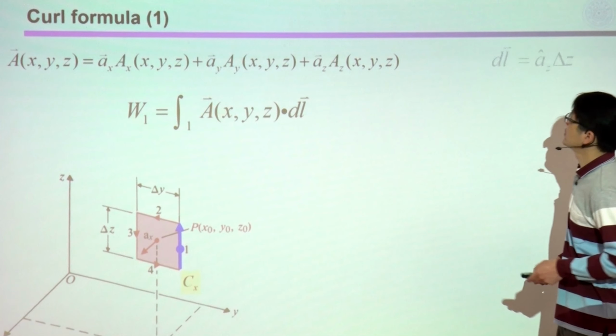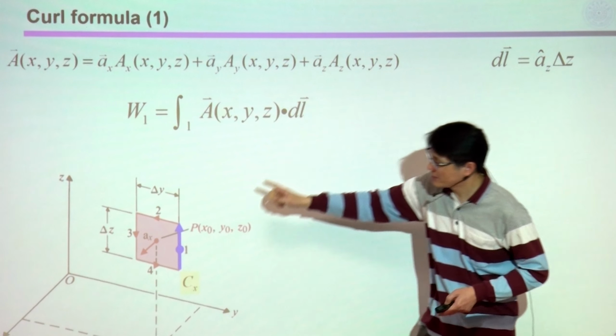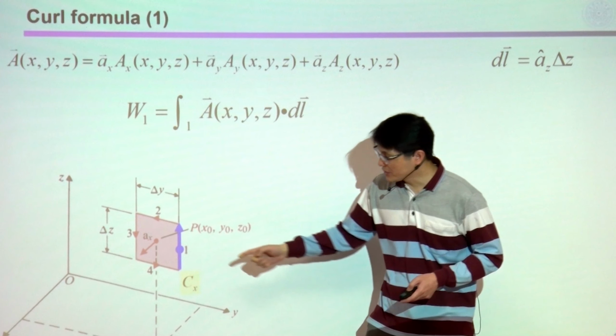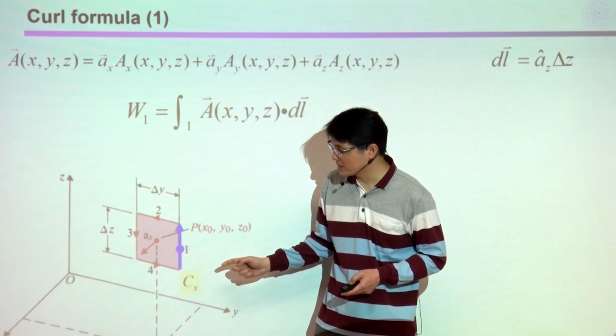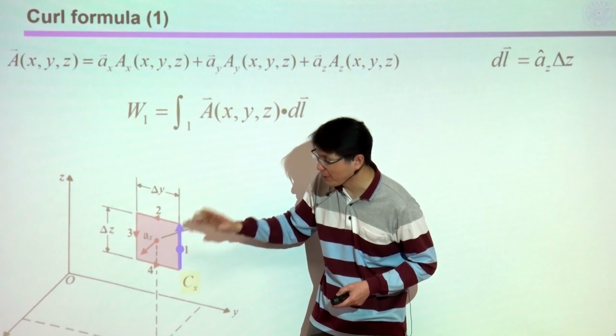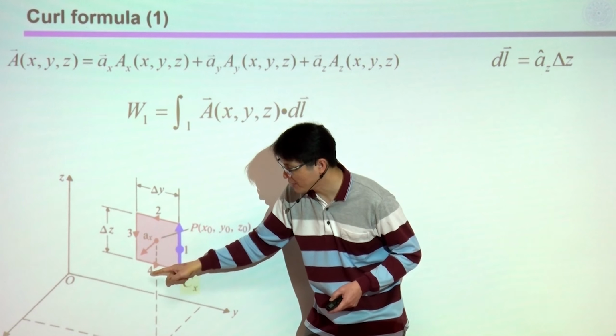Okay? So, in this case, I first want to evaluate segment number 1. So this differential surface has a closed loop defined by 4 segments. 1, 2, 3, and 4.